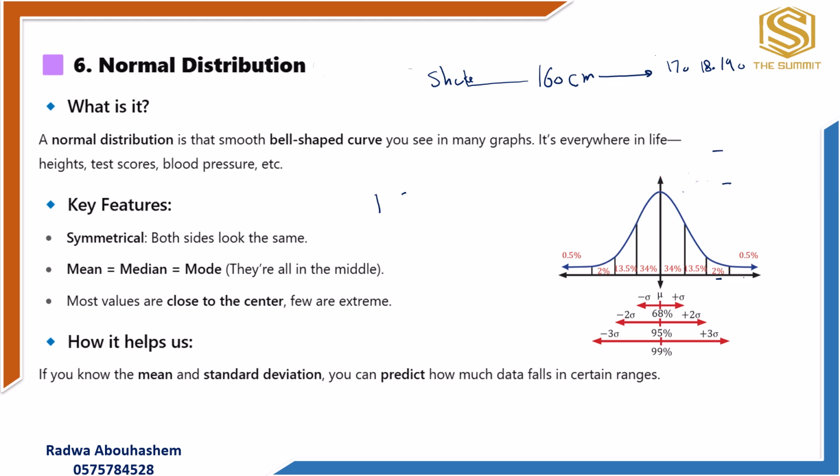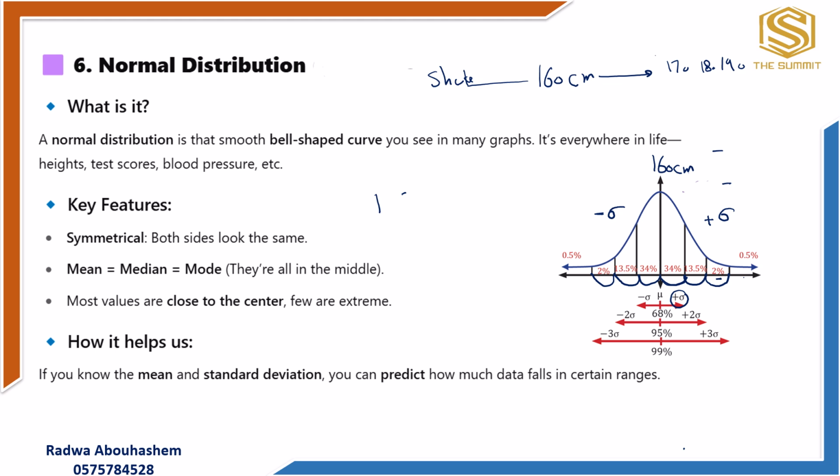When you deviate from the center, the mean value, for example 160 centimeters, this is one standard deviation, these two standard deviations, these three standard deviations. This side is the positive standard deviation, and on this side you go in the negative direction, 1, 2, 3, which means you are decreasing below the mean.